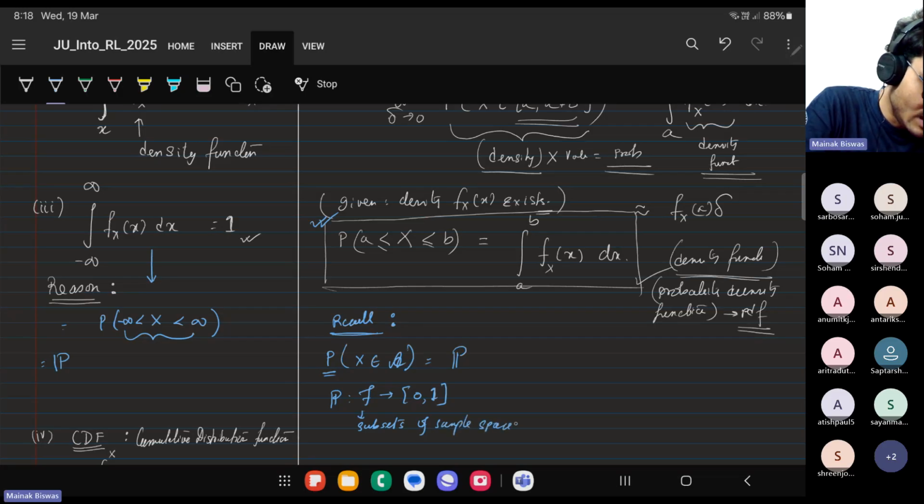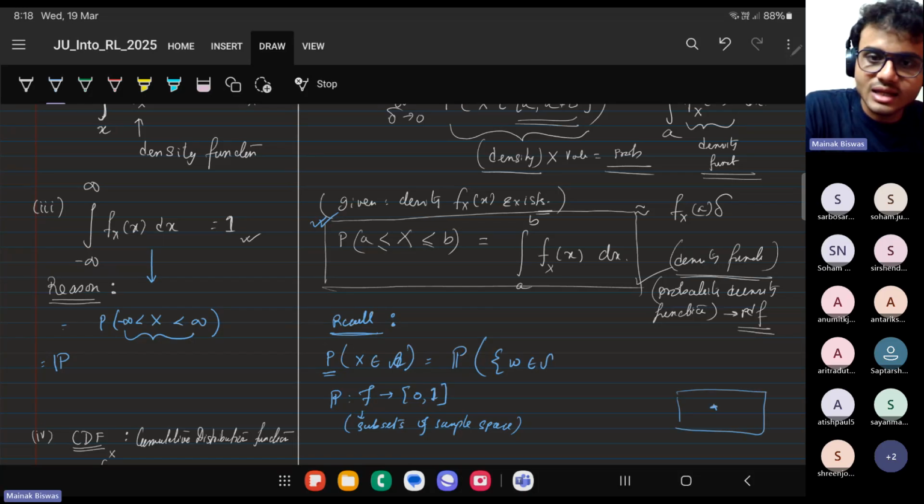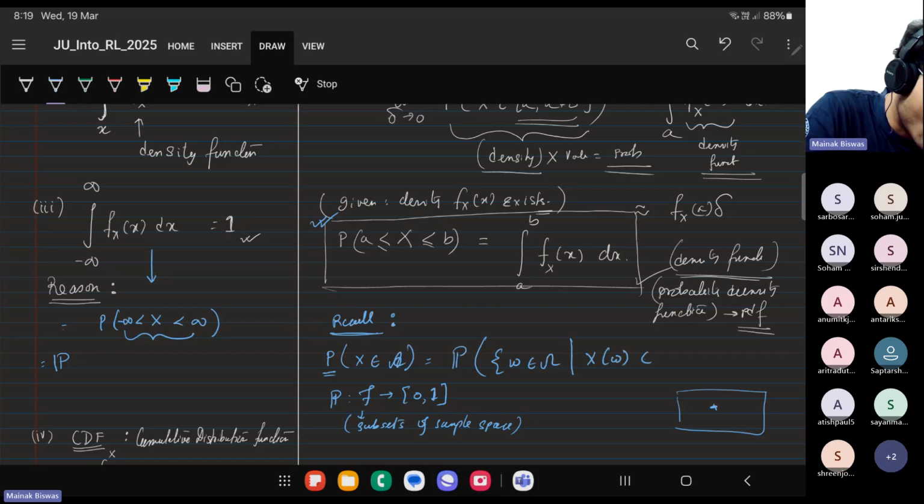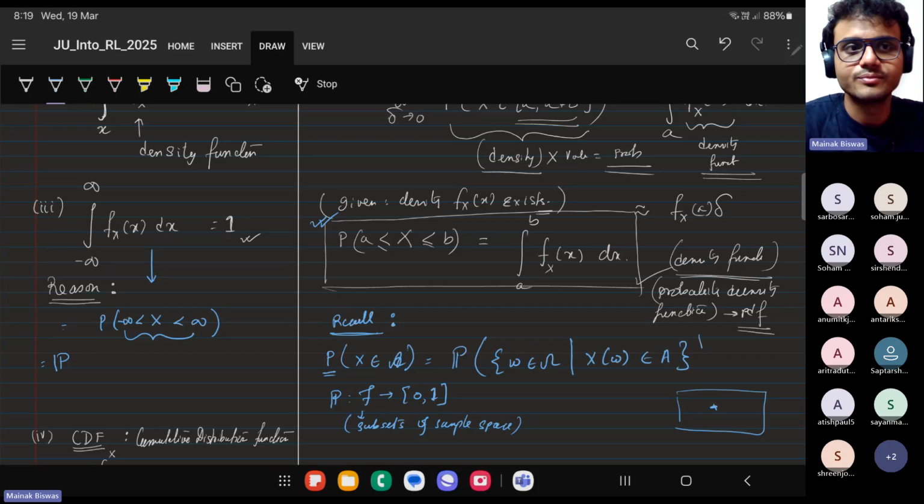Please go back and see this. So any subset of the sample space would have a mapping. So P of x belonging to A means these are all values in the sample space, all omegas in the set omega, or the sample space, such that x of omega belongs to A. Is this clear to everyone? I'm just revising what we did last time.